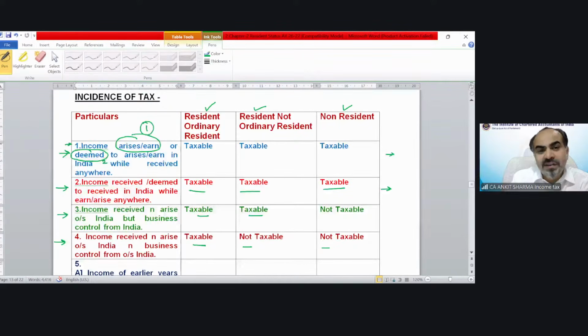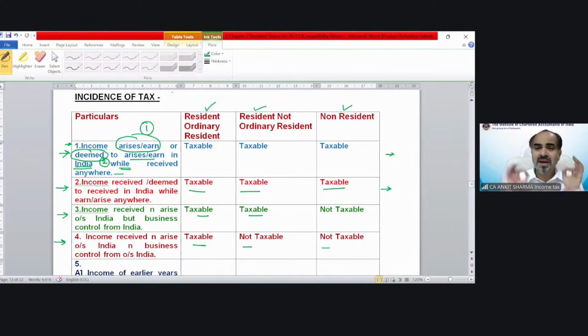And the second is deemed to arise or earn in India while received anywhere. So now point number 1 says if any income arises or accrues in India, whether received anywhere, whether received in India or not, it does not matter.